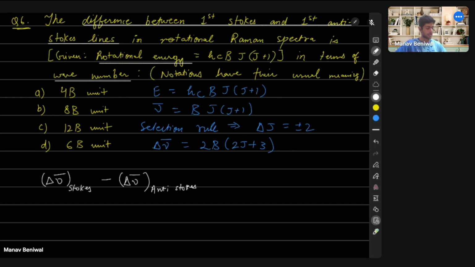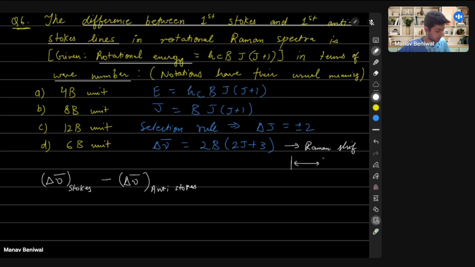So what is this? This is the Raman shift. Let's say it falls somewhere here. As we already know, the first Stokes and first anti-Stokes lines are at the same distance from it.